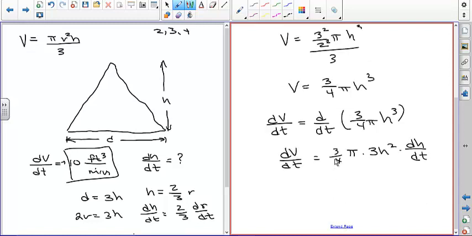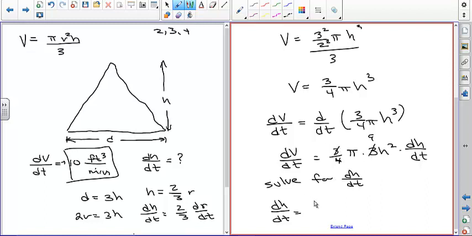Yeah, that's probably the better way of doing it. But to prove it, I'll show that you get the same answer, just longer. Okay, so if you solve, in this case, instead of for dr/dt, for dh/dt, what you'll get is that dh/dt is equal to, okay, so you've got 3 times 3, which is 9. So let's replace that with 9.